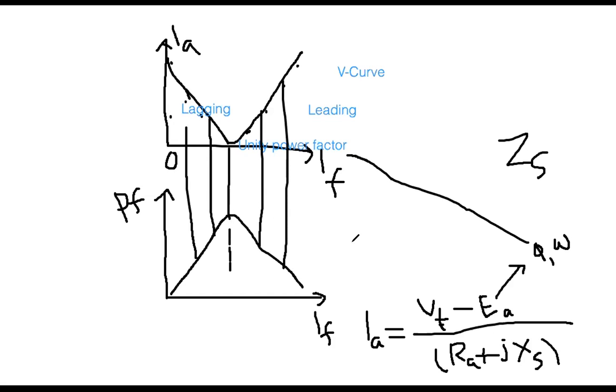Because you see that I got the highest current. When you are getting the highest current, the EA is almost 0, and then gradually you are increasing EA. That means it is under excitation. EA is very, very low, meaning under excitation. And what conclusion did we get several minutes back? Under excitation means lagging power factor.